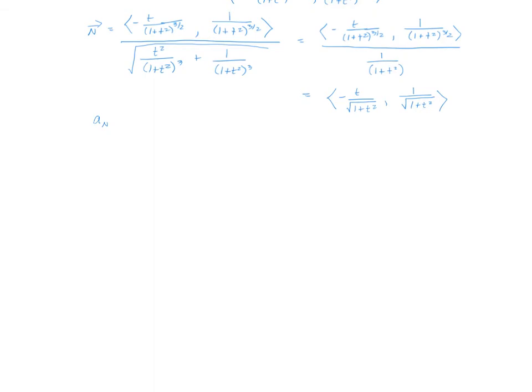So my a sub n is going to be equal to the vector a dotted with the vector n. My vector a was 0, 2, so I'm going to dot it with this vector n. And let's see what we get.